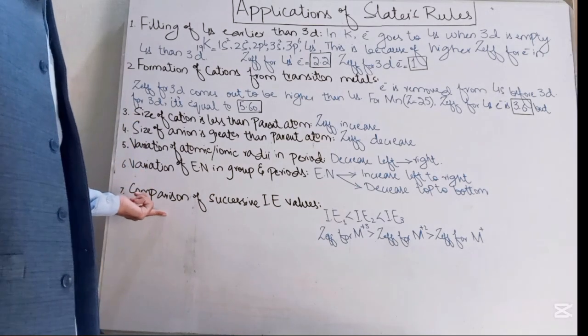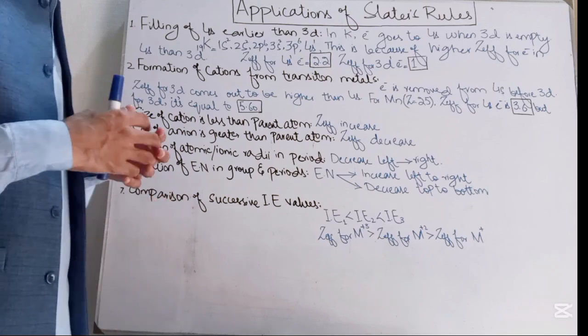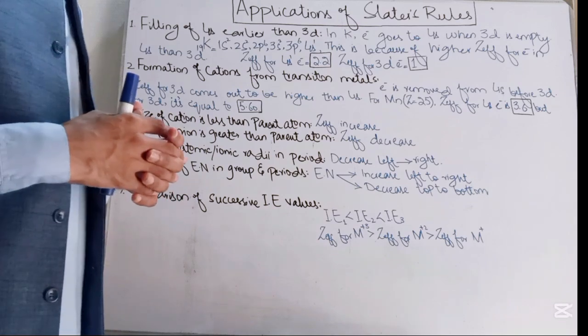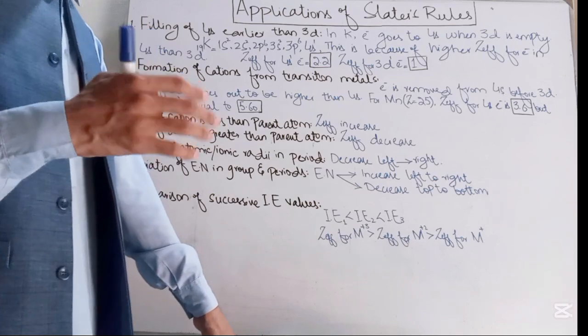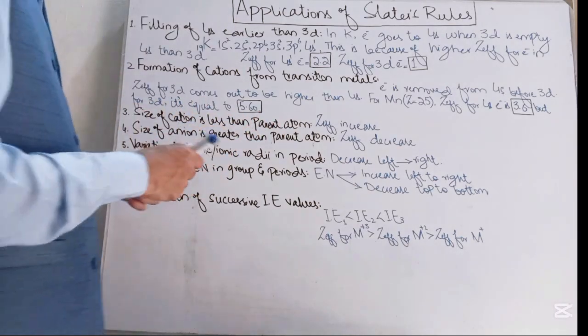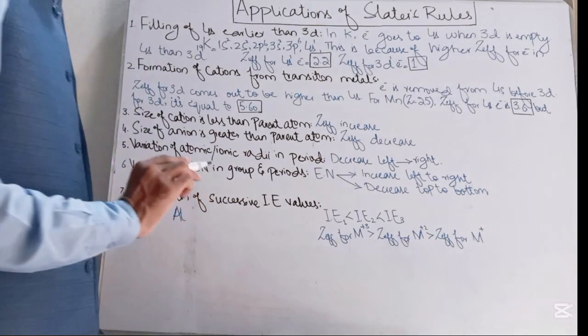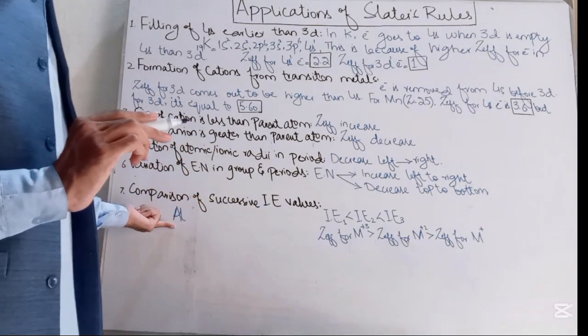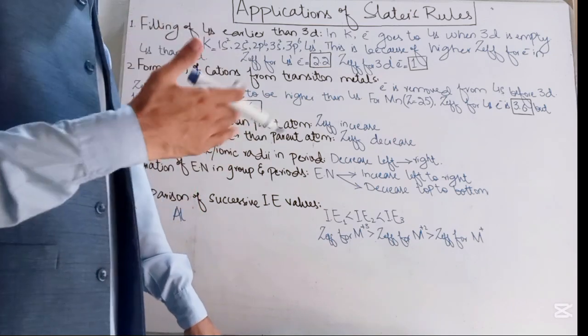The last application of Slater's rule is the comparison of successive IE values, that is, ionization energy. It's observed that if an atom has more than one electron present in the valence shell, just like you can see aluminium, which has 3 electrons in the valence shell, it successively loses its electrons.